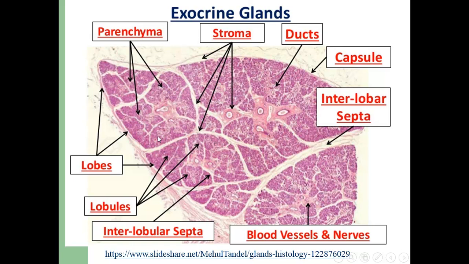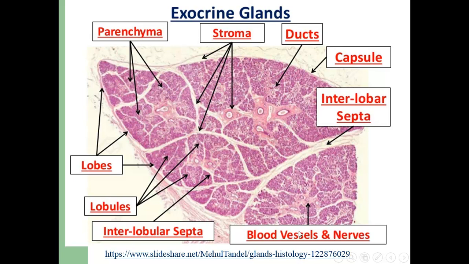Inside the lobules we find the secretory parts, which can be acinar or tubular or tubulo-acinar, with connective tissue which will support the gland and give it its shape. Okay, so this is the general structure of the gland, and as we said, within the gland we can see blood vessels and nerves.